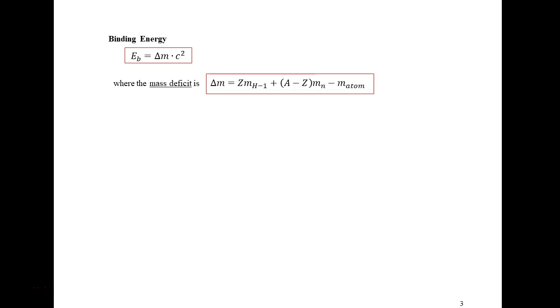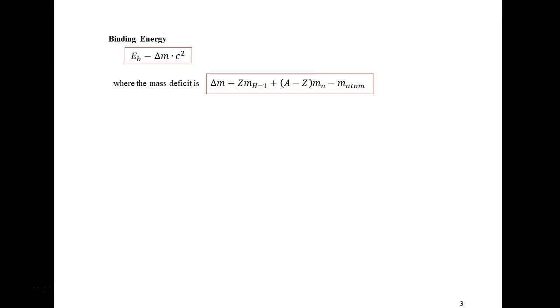Let's say your nucleus is boron and has 5 protons. So take the mass of 5 isolated protons, and let's say it's boron-11, so it has 6 neutrons. Take the mass of 6 isolated free neutrons. If you add up the proton and neutron masses, you will actually get more mass than if you take the mass of the bound nucleus, those 11 nucleons bound together.